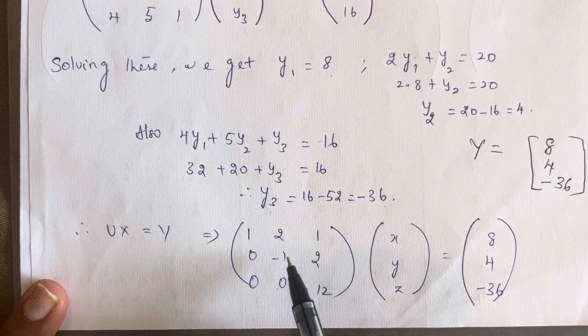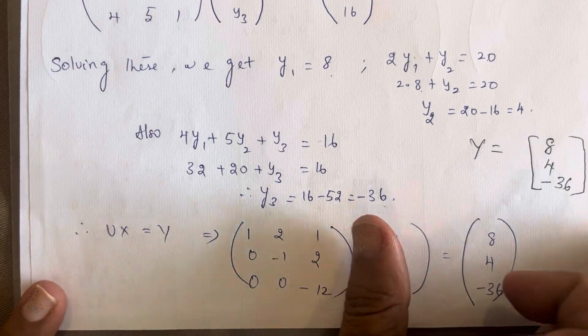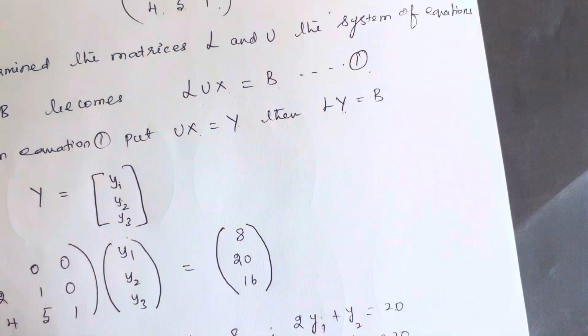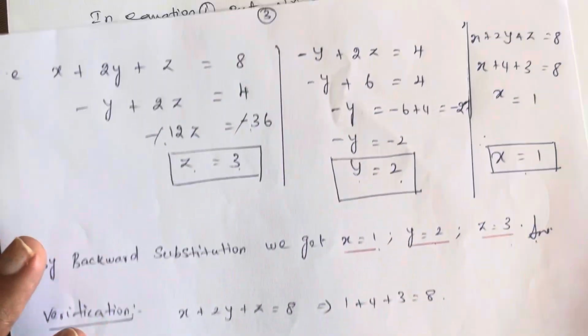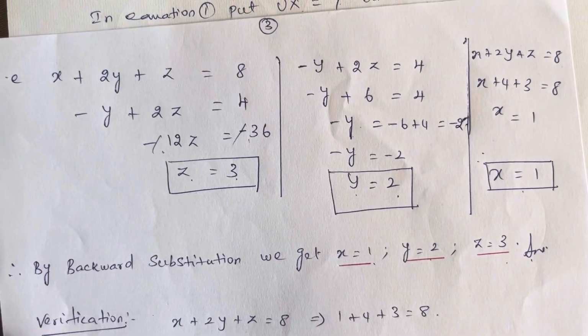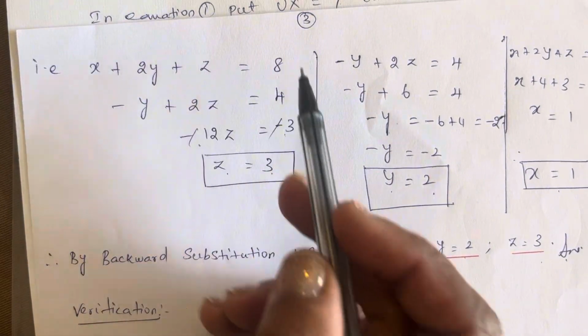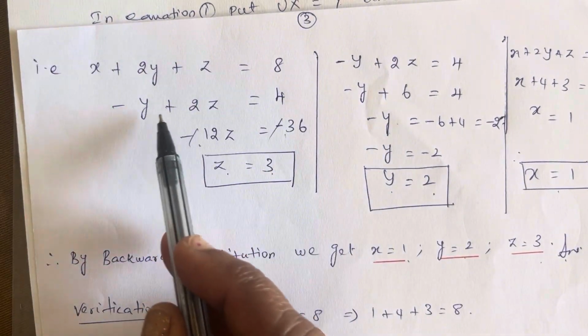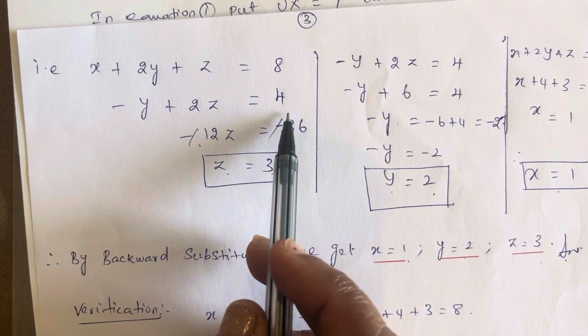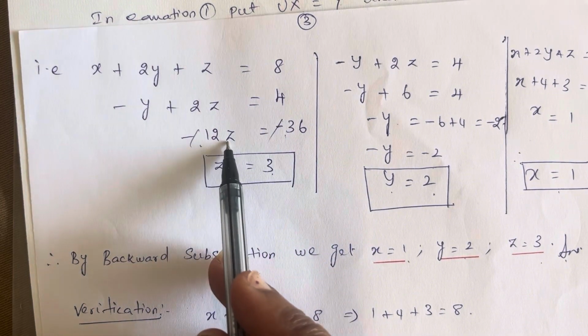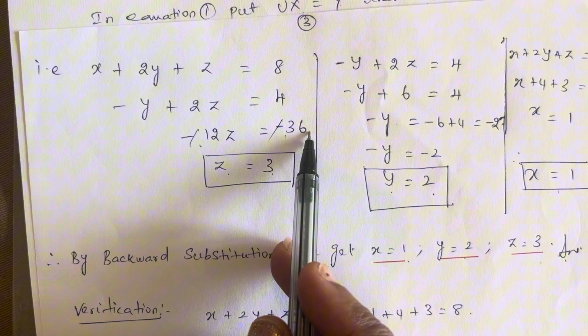So we have Ux is equal to Y. Again, let us use matrix multiplication. By multiplying, I get X plus 2Y plus Z is equal to 8. The second equation is minus Y plus 2Z is equal to 4. And the third one is minus 12Z is equal to minus 36.